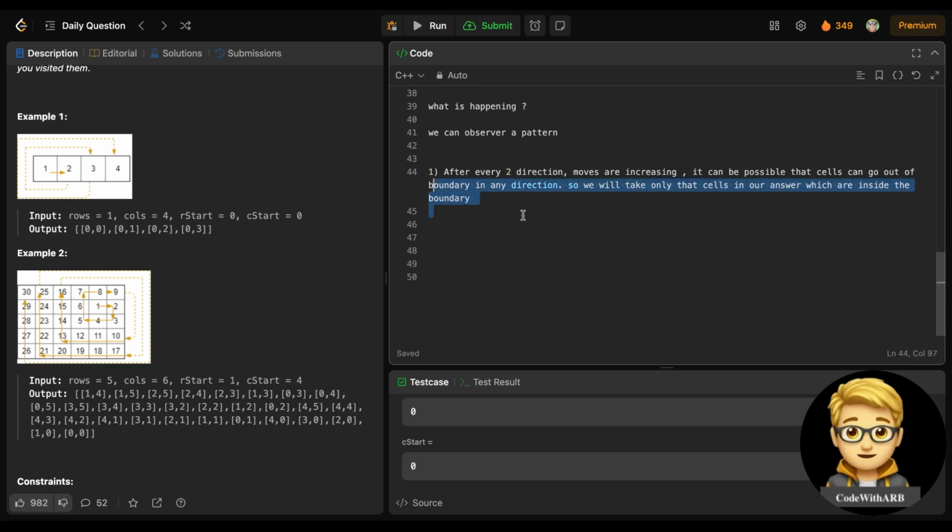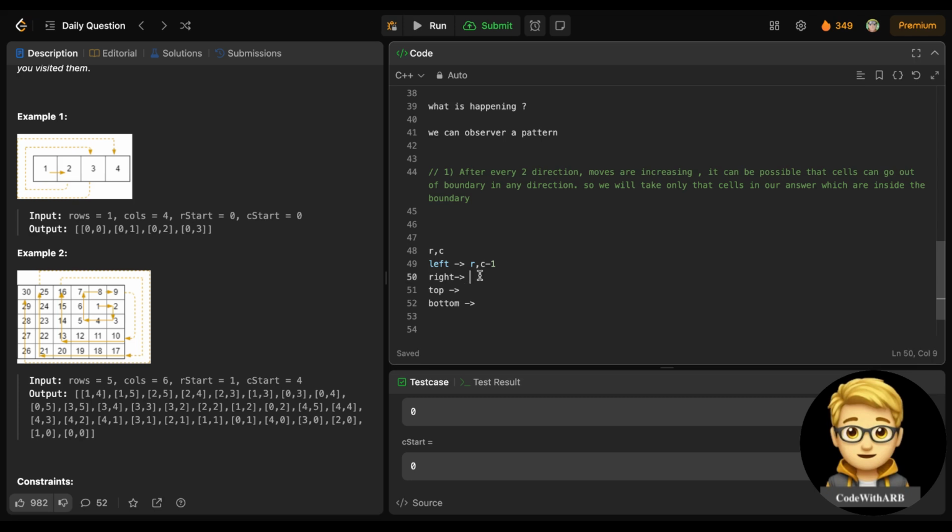One thing to be clear about: if you are at (r, c), for moving left you decrease the column, c minus 1, and the row stays the same.